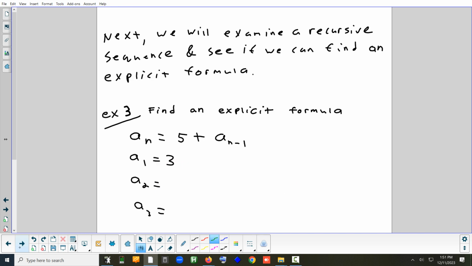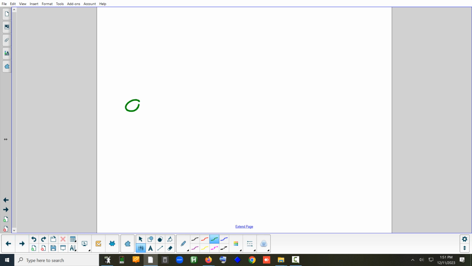Okay, so now let's see if we can take something that is recursive and change it to explicit. In general, that's not easy for complicated formulas. If I gave you a really complicated recursive formula, let's say something like this: to get the nth term, you take triple the one that comes 2 before, and then take 5 times the one that comes right before it.